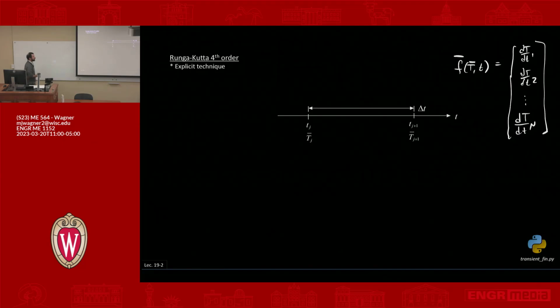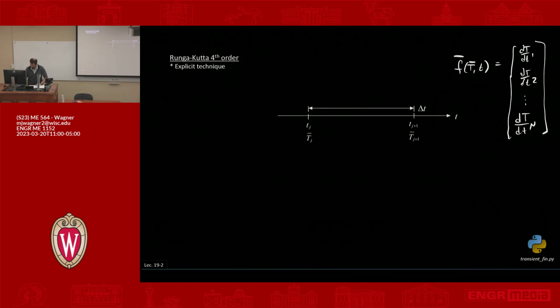We want a vector that returns our derivatives. The notation I'm using is, if I have a bar over it, that means it's a vector, of the size of the number of spatial nodes, n. OK, so that's what we're going for here.